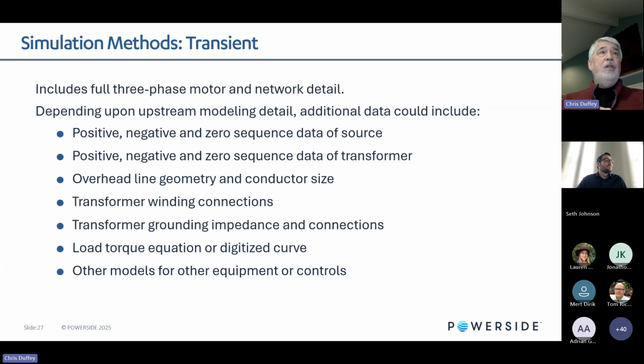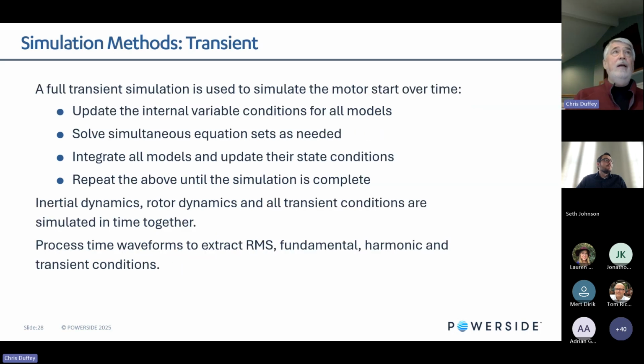Transformer winding connections, grounding connections, the load torque equation or some form of a digitized curve we need to have to go with the motor model to load it down, and maybe some other models that we're going to look at. Soft starts, reduced voltage starters, these kind of things, compensation equipment. We're going to have to put our own models together for that.